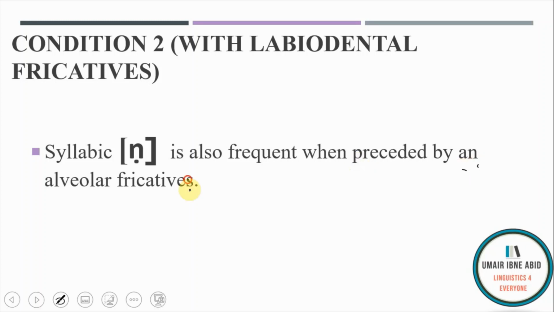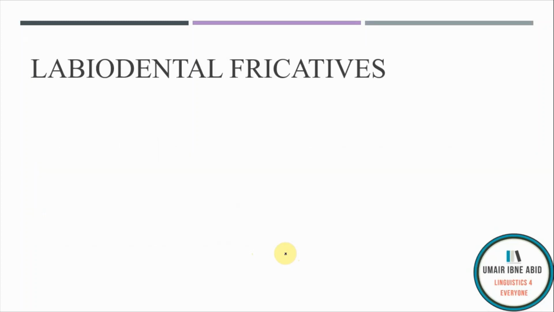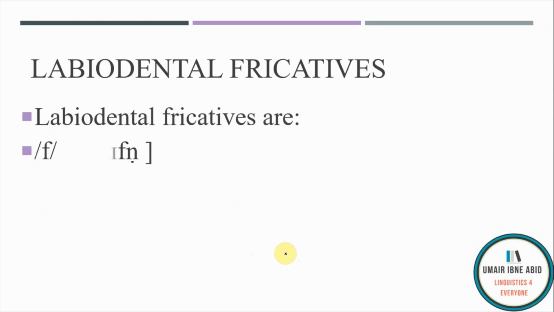But we have to keep in mind that in this condition n may also be pronounced with a schwa. And when a schwa appears before a consonant, it will take back its property which it had given to n to make it syllabic. So in this case, n would not be syllabic. But mostly, labiodental fricatives make n a syllabic n.